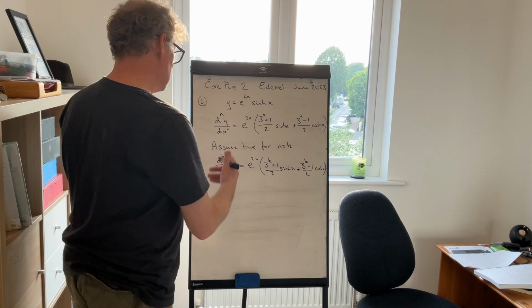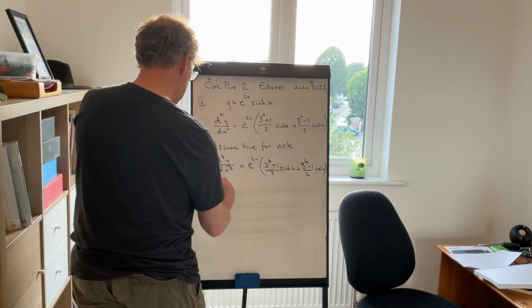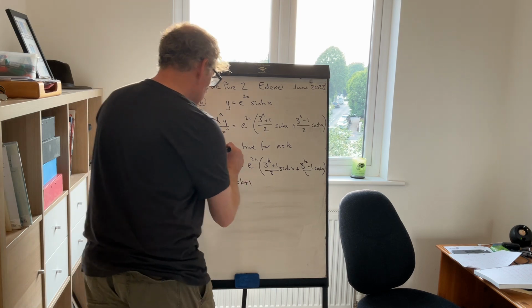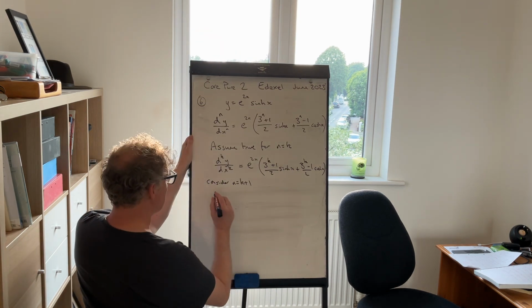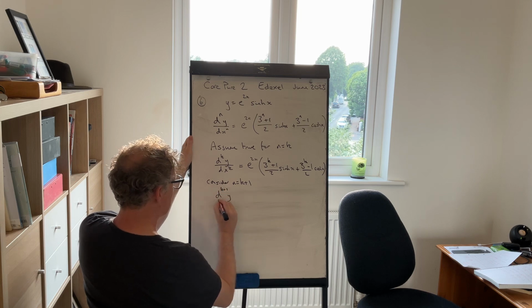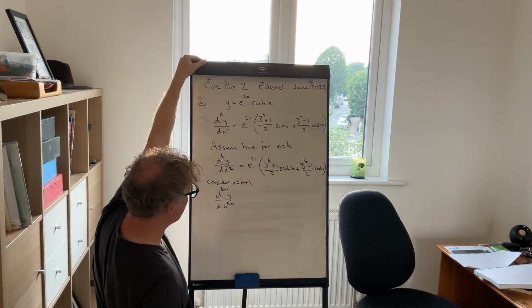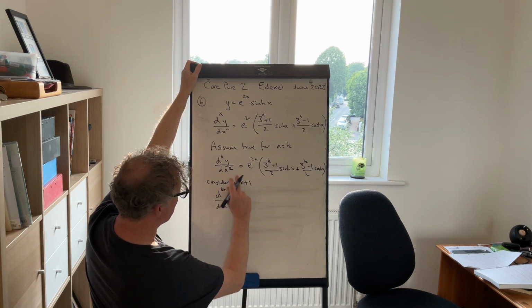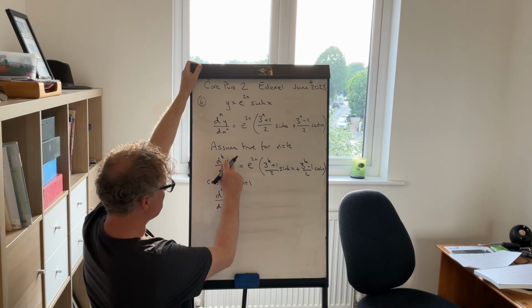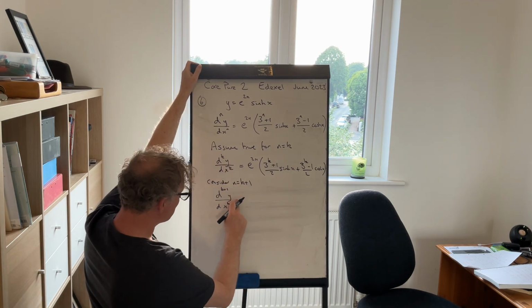We're now going to consider n equals k plus 1. So we're going to look at the k plus 1 differential of this. Okay, so we're going to consider that differential, which means we're going to have to differentiate this again to go from the kth differential to the k plus 1 differential.